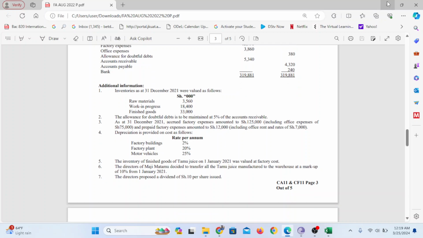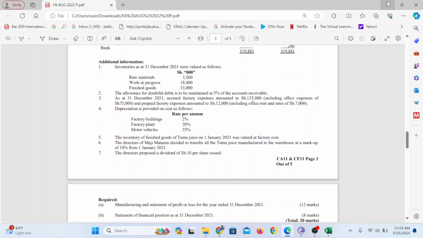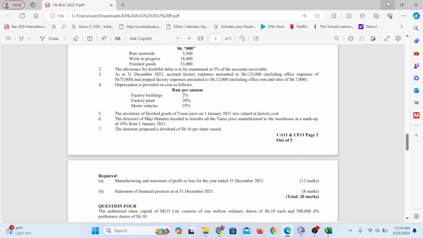So additional information states number 1, inventories, that is the closing raw material, work in progress, finished goods. Then allowance for doubtful debts is maintained at 5% of accounts receivable. Then as at 31st December 2021, accrued factory expenses amounted to 125, including office expenses of 75.